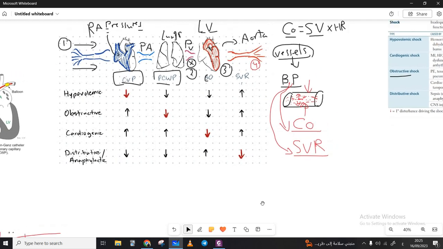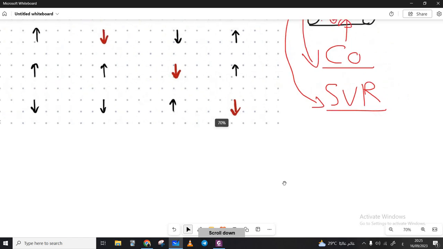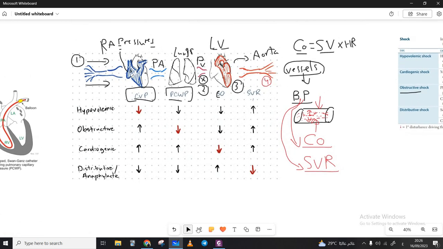So let's start with the first thing, hypovolemic shock. And actually, if you want to learn a concept, just try to decipher the name. The name actually tells you a lot.